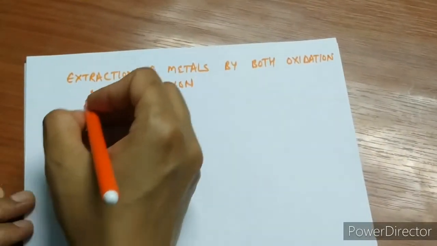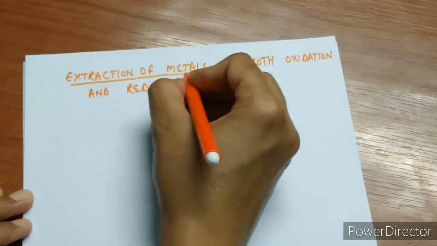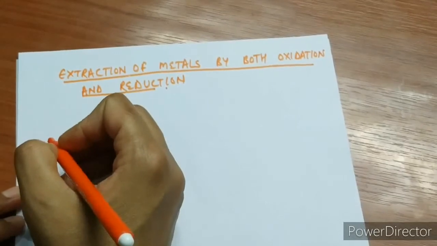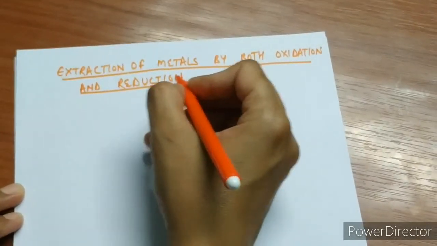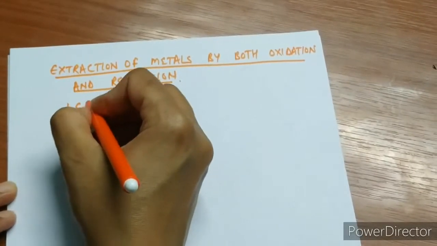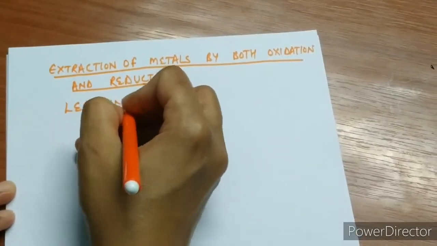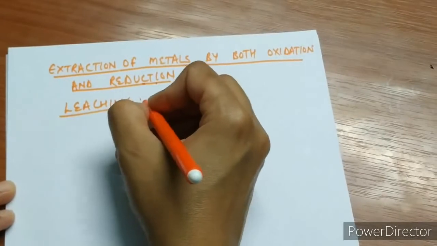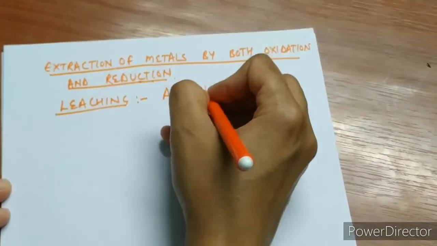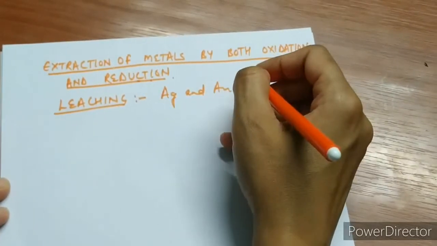So extraction of metals by oxidation and reduction, we have already discussed extraction of gold and silver, which involves the process called leaching. Leaching method is used for extraction of silver and gold.